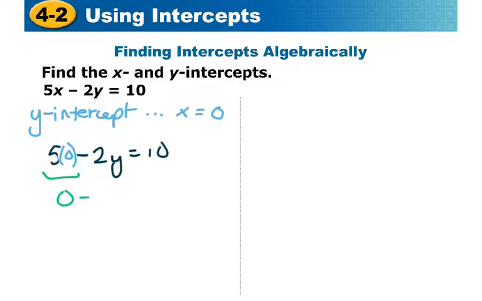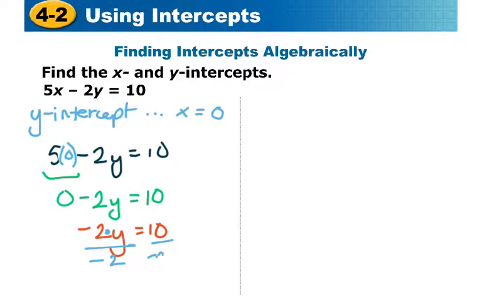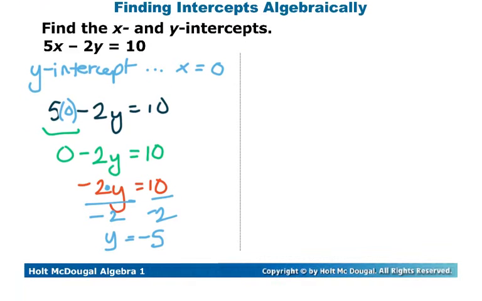Then from that we'll subtract 2y and have that equal to 10. Technically that means it's negative 2y equals 10, or since it's negative 2 times y, we could divide by negative 2. And we get a result of negative 5. So that means if we are trying to find the coordinate, the y-intercept is an x value of 0, as we said it should be, and a y value of negative 5.